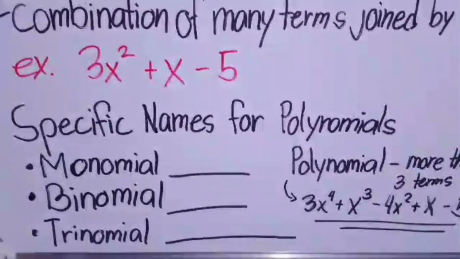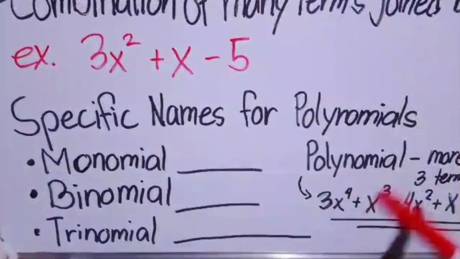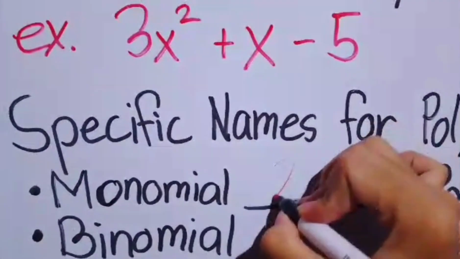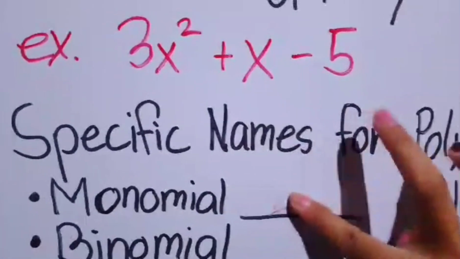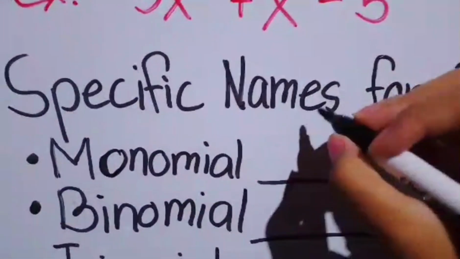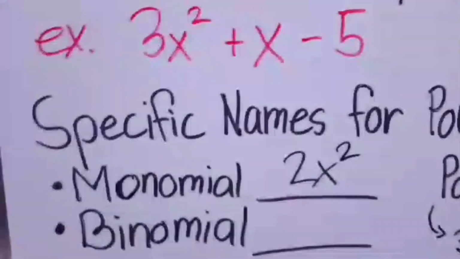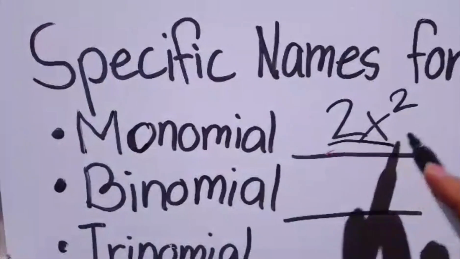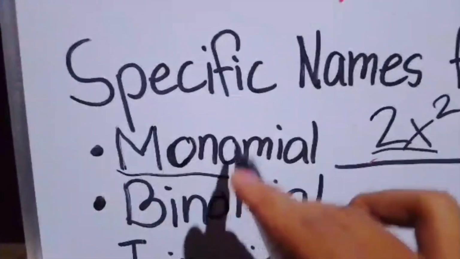Let's move on to the specific names for polynomials. Monomial, if it is considered as one term. For example, 2x squared, because it is only one term, and the word mono means one.